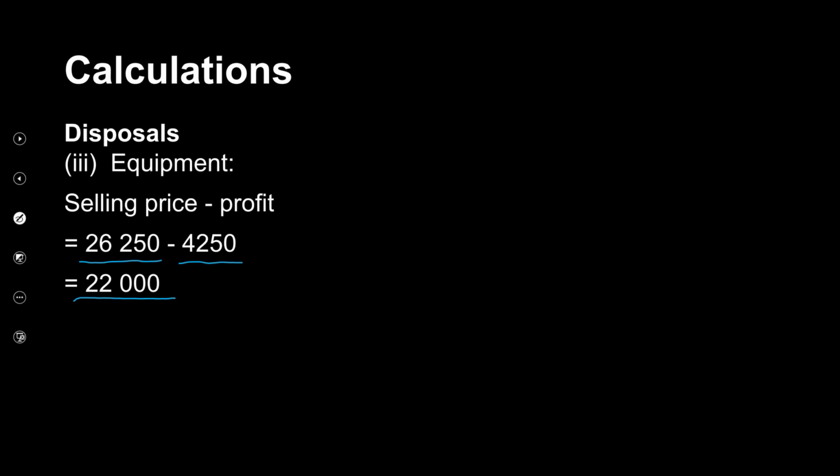What do we remember? We remember from this year that if my selling price is greater than my carrying value, then I've made a profit. Okay? So in this case, my selling price was 26,250 minus my X amount, which is my carrying value, to give me a profit of 4,250.